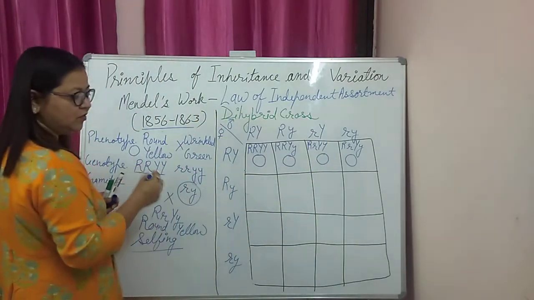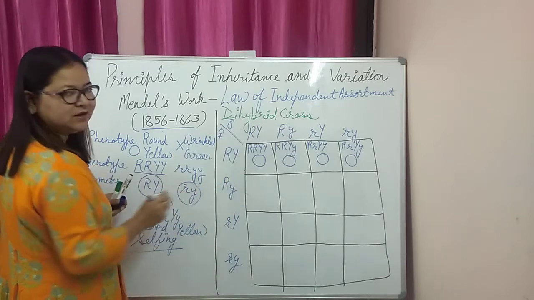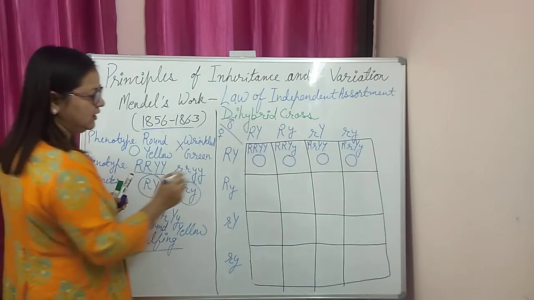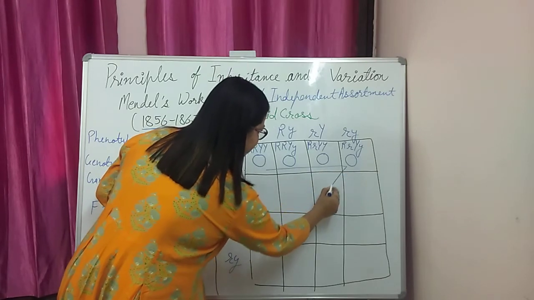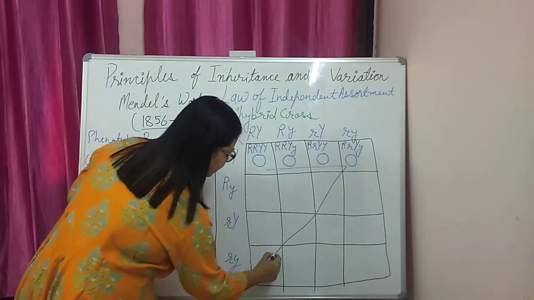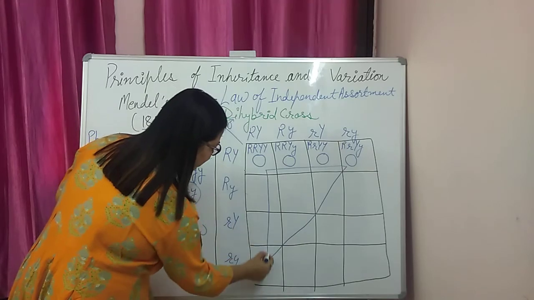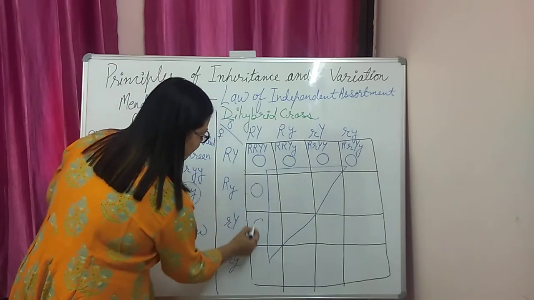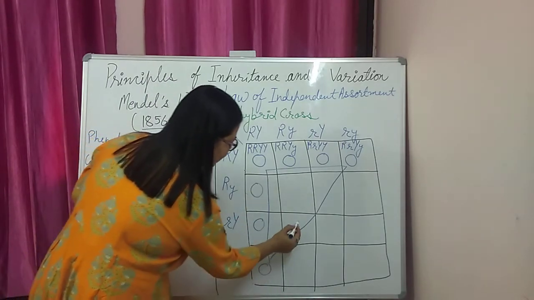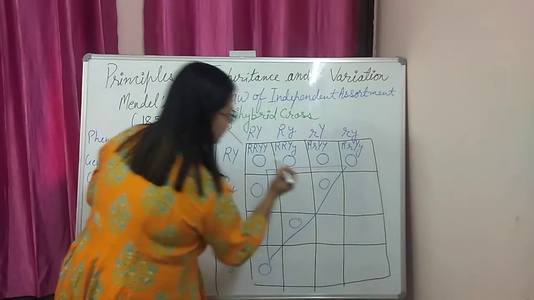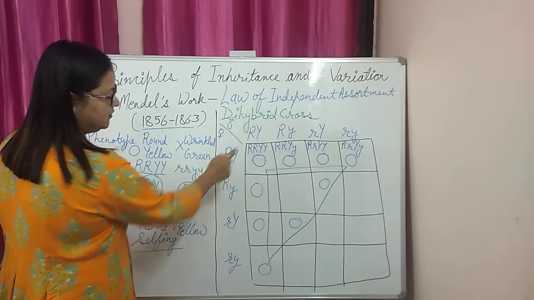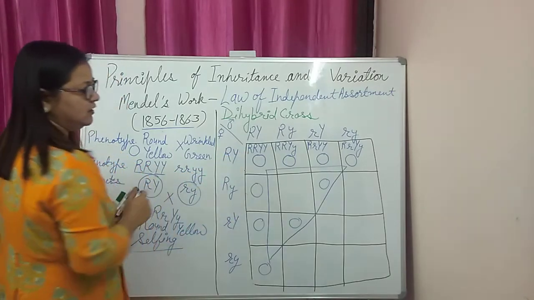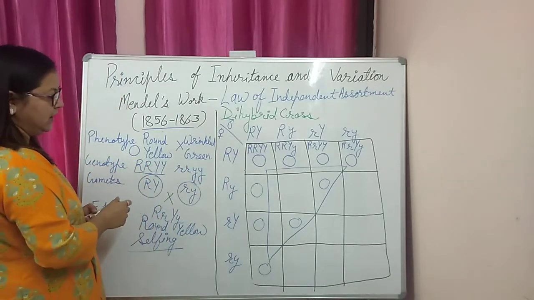If you go through all these 16 squares, then these 9 blocks have round and yellow. When you write the genotype, you will get the phenotype of round and yellow.